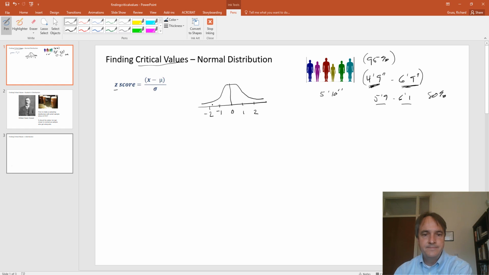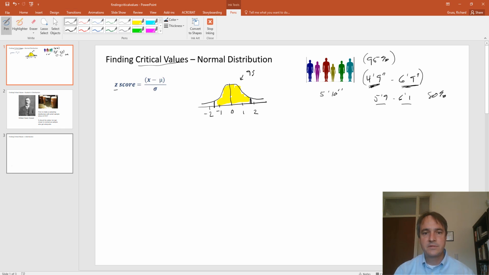I'm going to draw a line to chop this off at a couple of places here, just guessing, and say I want to find the area in here that includes 95% of all of the people.